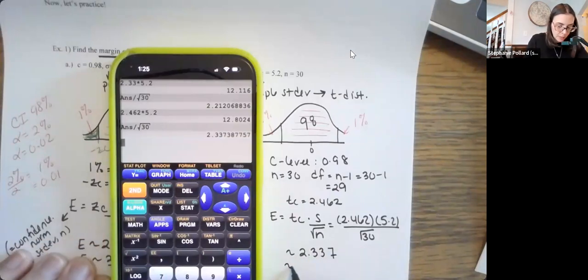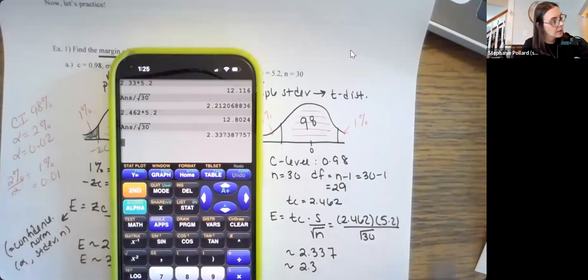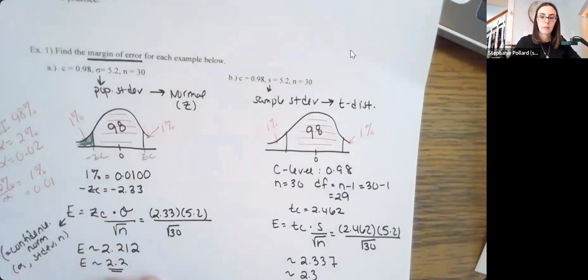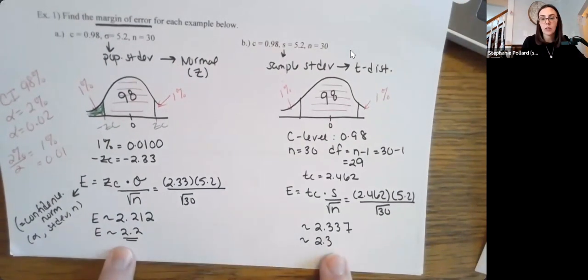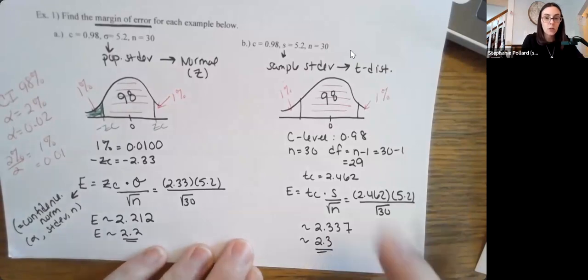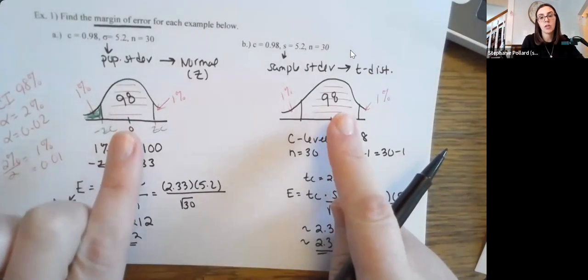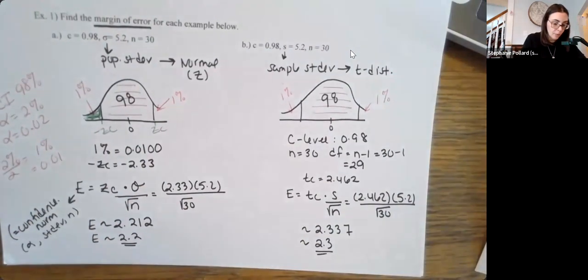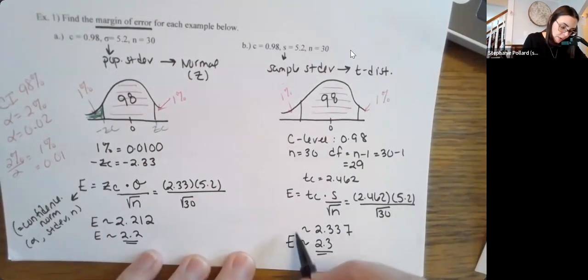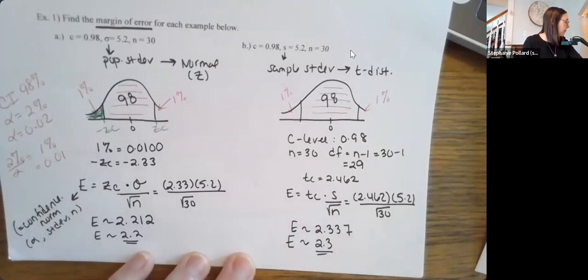So using 1 decimal place, about 2.3 here. Again, you can see the values are pretty close, right? The graphs do look very similar. Again, they're both bell-shaped and symmetric. They're slightly different though, so you do have slightly different answers, but they're going to be pretty close here. So our error is going to be 2.3.